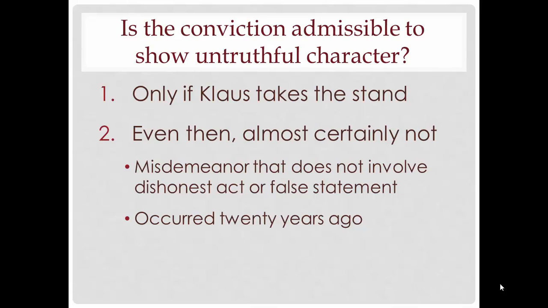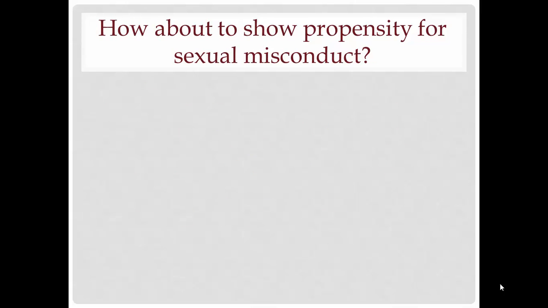Now we need to consider the prosecutor's second possible purpose, to show Klaus's propensity for sexual misdeeds. Stop the video again and think about whether the prosecutor can offer the conviction or underlying acts for that purpose. What do we know about evidence offered to establish propensity?